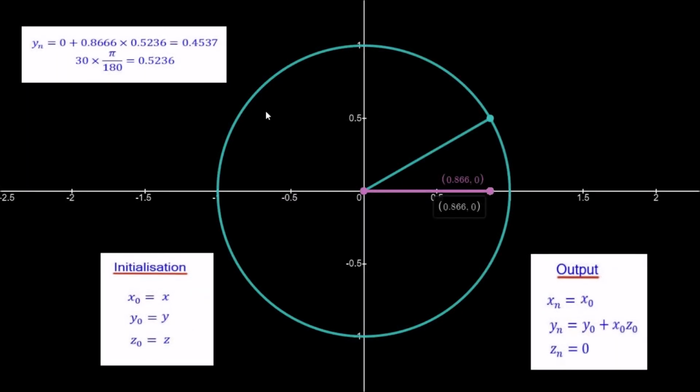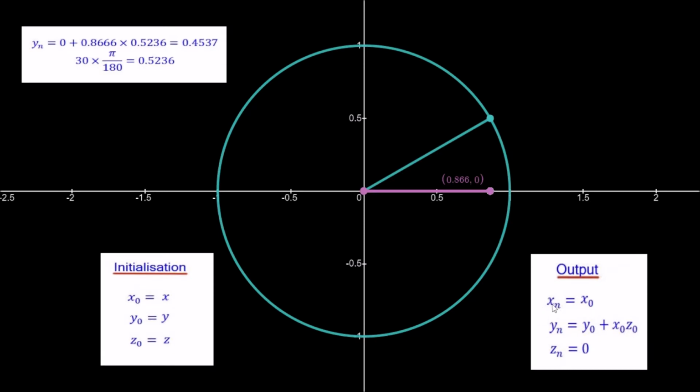Now before we actually run through the simulation, let's have a look and see what this CORDIC algorithm is going to provide. So the final output here are values xn, yn and zn. So we'll start off with the value zn. This is the final angle for our value z, and the final angle for our value z is 0. So in effect, this blue line here will sit at an angle of 0 degrees once we've gone through the 9 iterations.